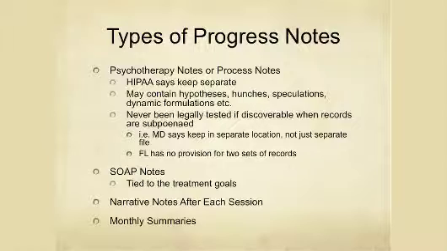And the idea of the separate record is to keep it private, to keep it away from the prying eyes of insurance companies who might want to check on what's going on with a patient. And in fact, sometimes insurance companies will say, I want your entire record. And the HIPAA regulations are quite clear. You don't have to show them the psychotherapy or the process notes. You only have to show the progress notes.